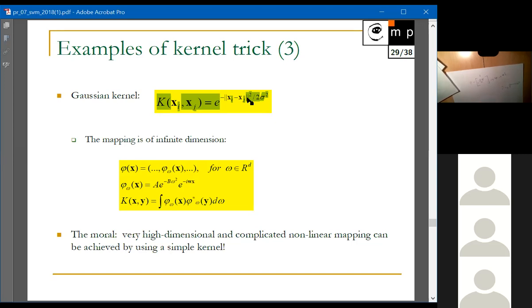Here there exists an embedding, but it's a very high dimensional, non-linear mapping, and it could sometimes be infinite dimensional. So in this case we have no other choice than to store the support vectors and find the classification with the kernel function, where x_i is a support vector and x is what we want to classify.